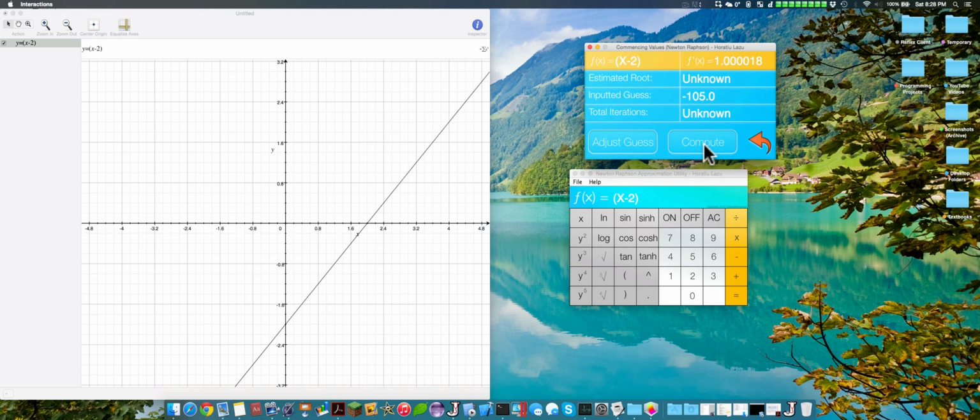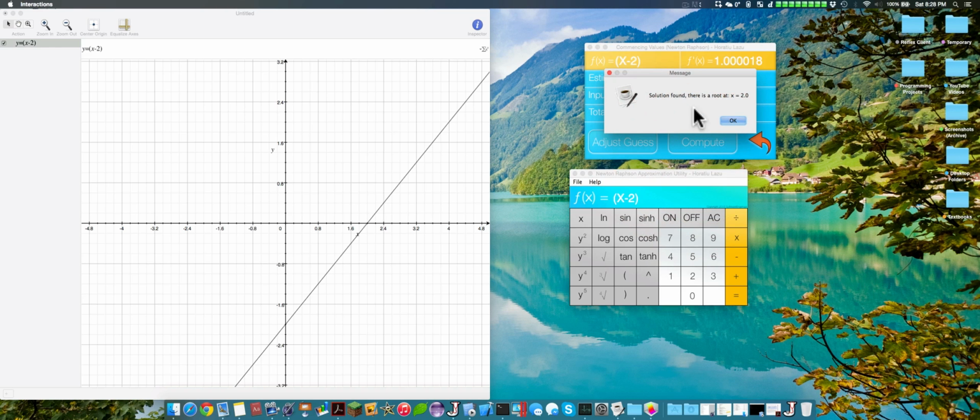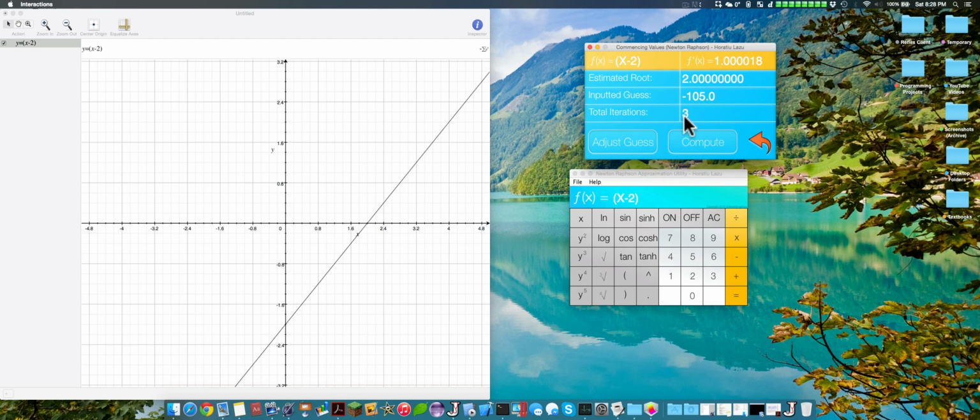If you press compute, this will calculate the total number of iterations and the root. The root solution found is x equals 2. It took a total of 3 iterations to get 2.0000. We can see that the derivative is slightly off, 1.000018. However, it's close enough, and the root is just perfect.